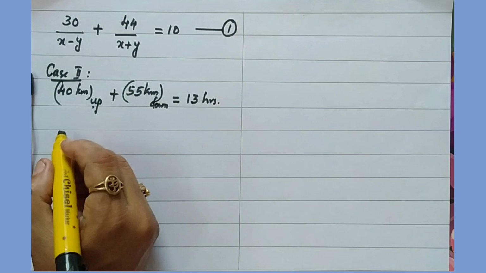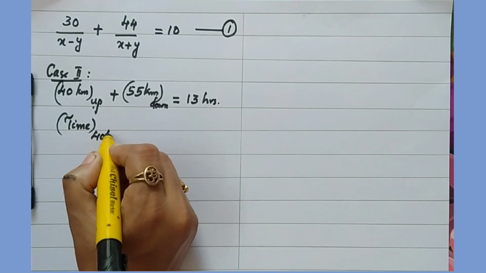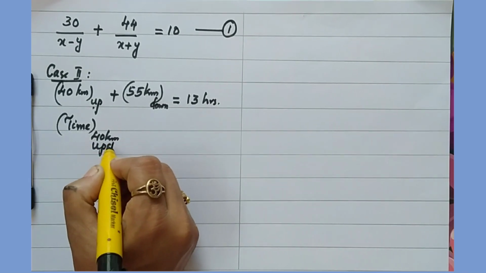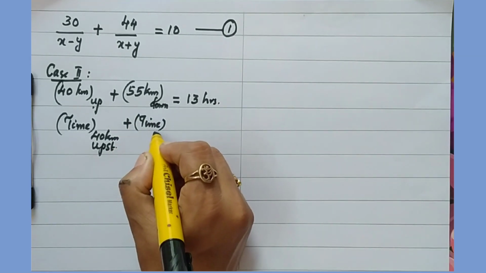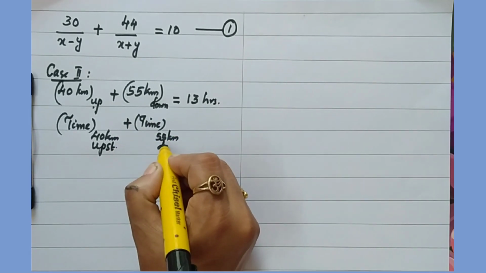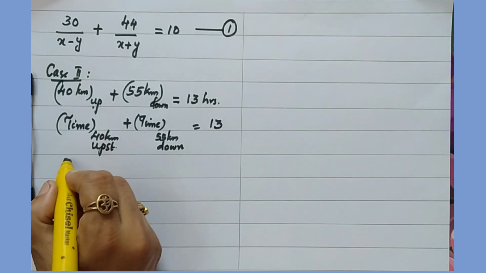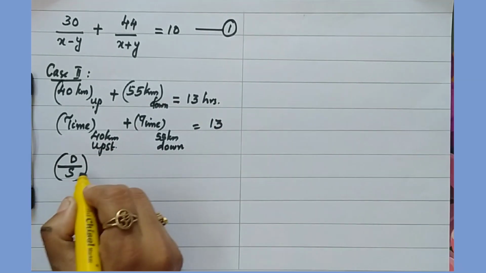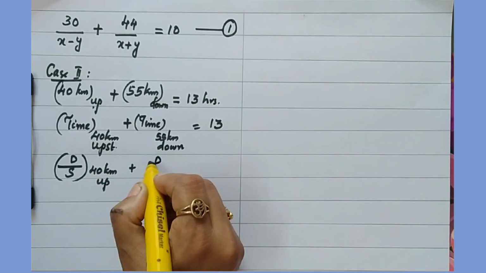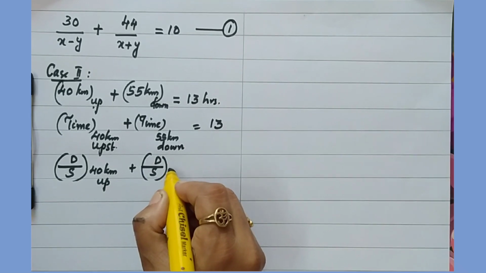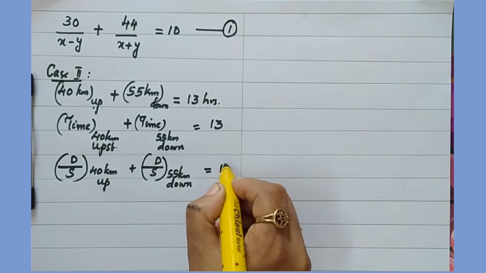Again, this means that the time for 40 kilometer upstream plus the time for 55 kilometer downstream is given to us as 13 hours. Am I right? What's the formula for time? Distance by speed for 40 kilometer upstream plus distance by speed for 55 kilometer downstream. This is given to us as 13.